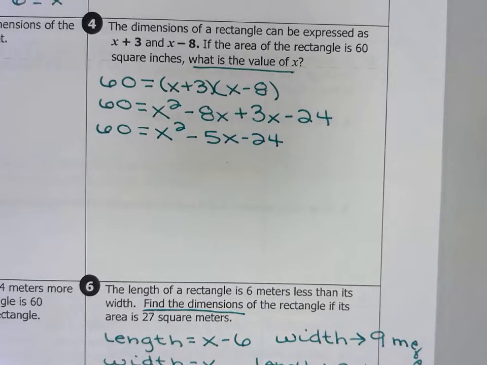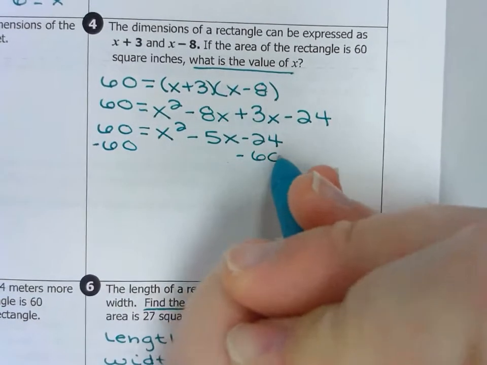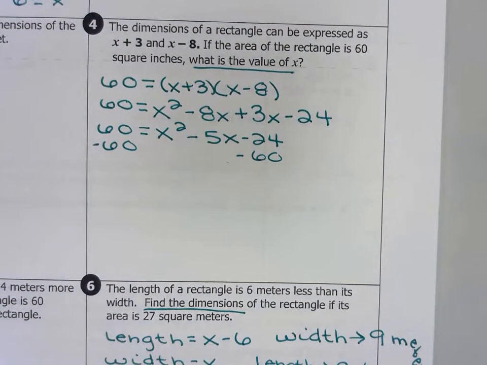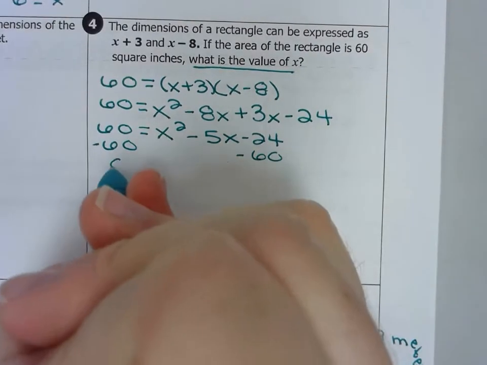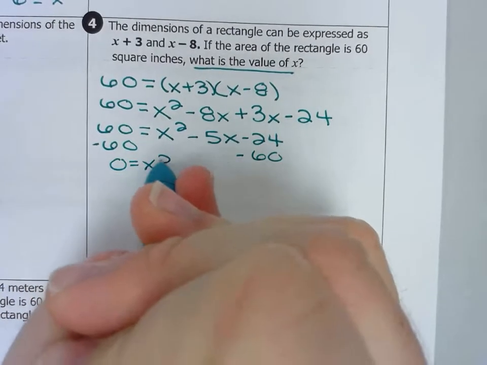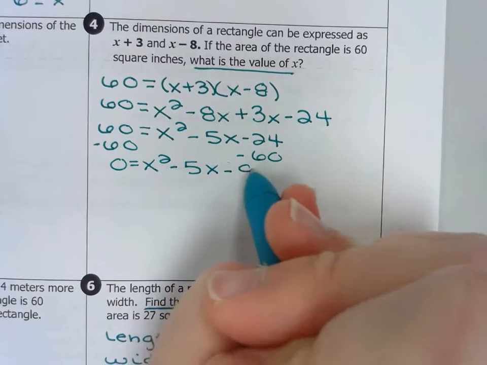I cannot do the square root because of the negative 5x, because I have a single x term. So I'm going to have to get it equal to what? 0. How would I do that? Minus 60. And I notice on the right side there is that negative 24 I can combine it with, so I'm going to put it right underneath it. So I have 0 equals x squared minus 5x minus 84.